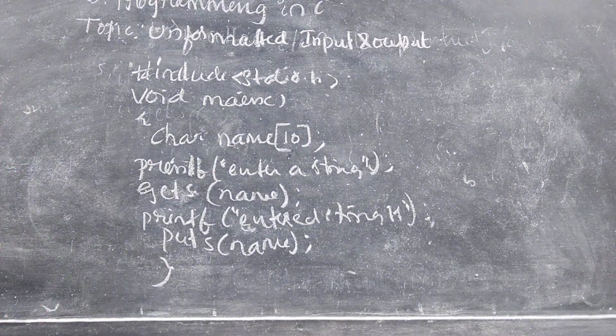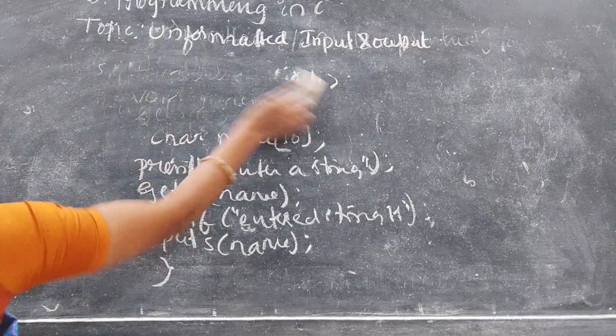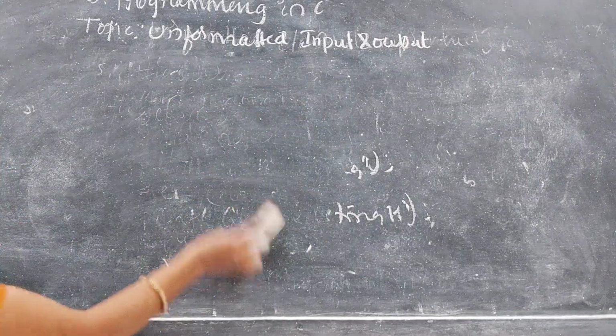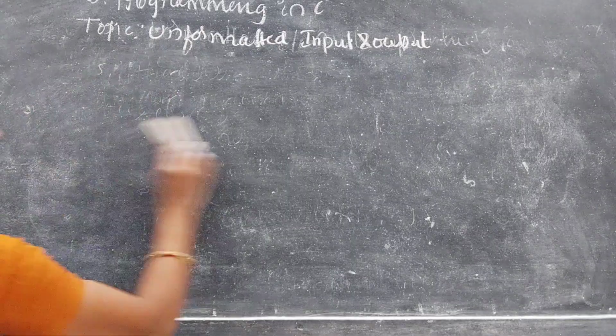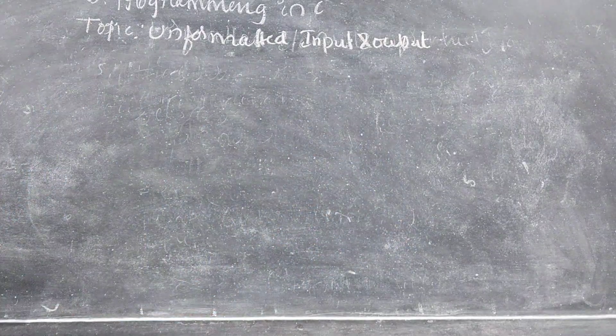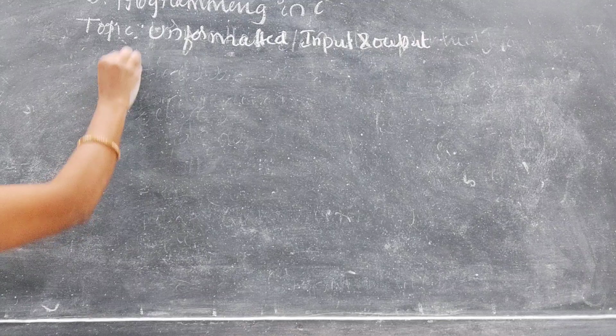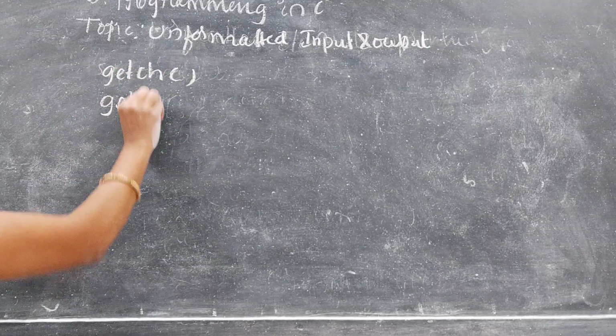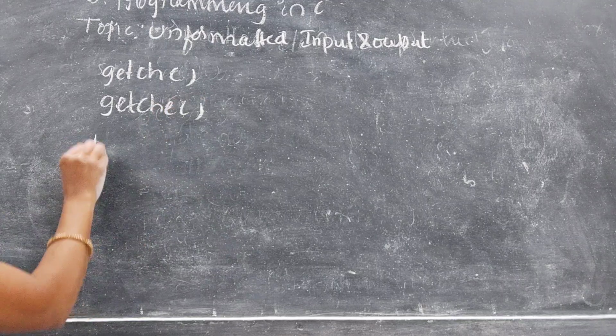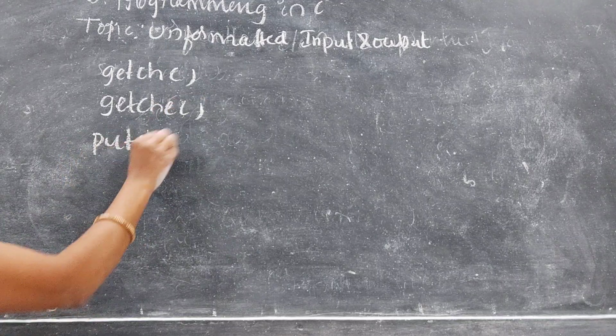Now we'll discuss 3 more functions which are there in unformatted input and output: getch, getche, putch.